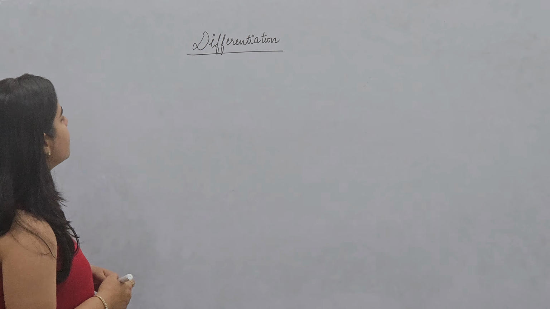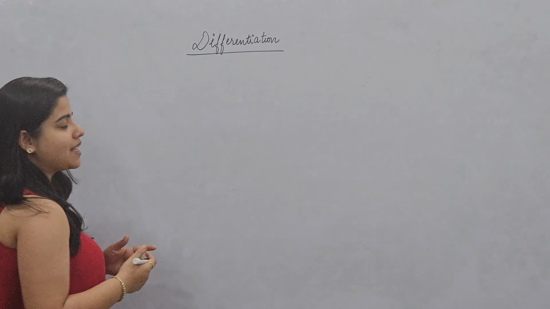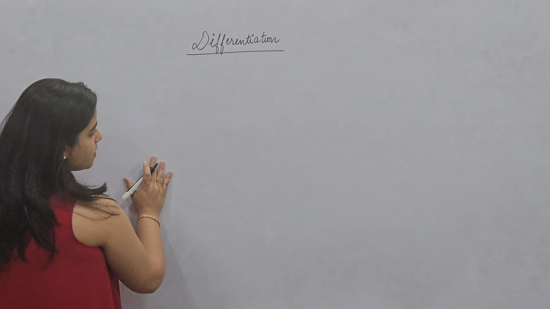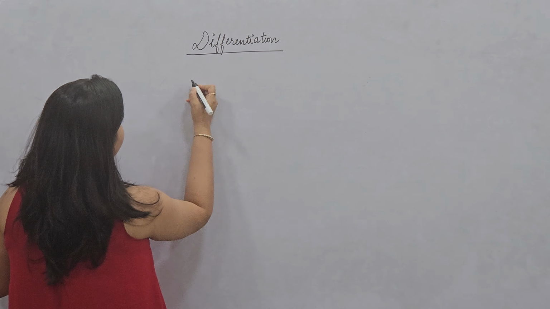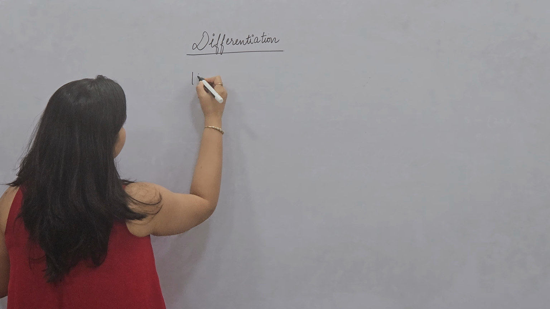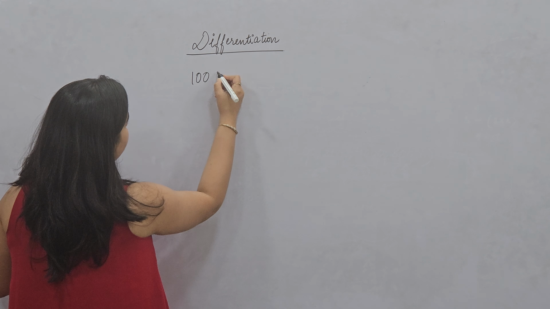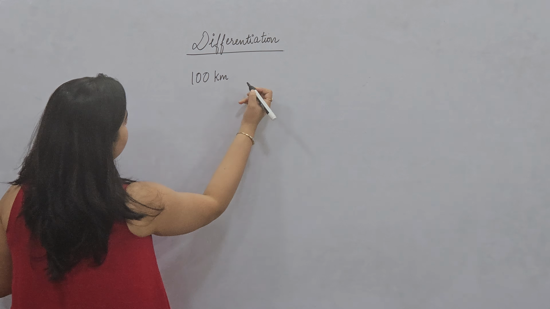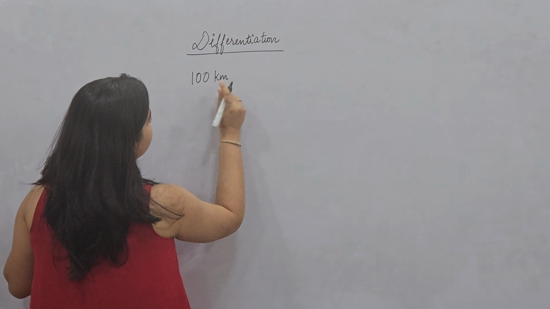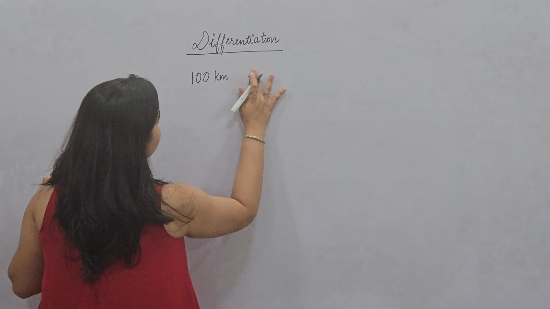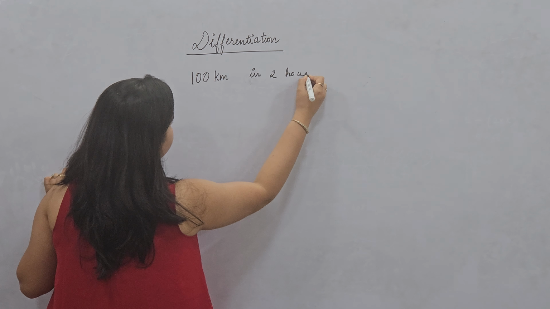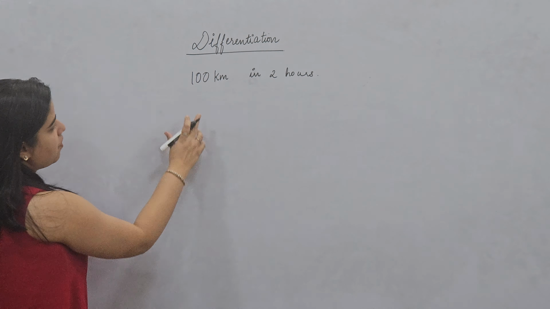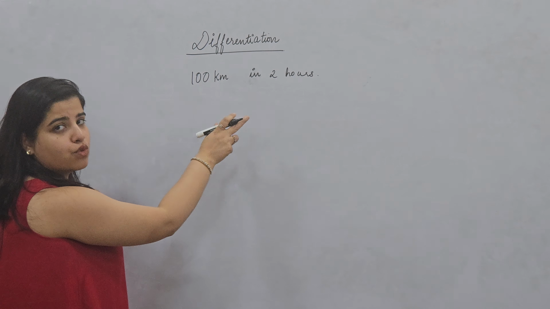Okay. So let's understand with the help of an example. Suppose there's a person and the person is traveling. Suppose the person traveled 100 kilometers in 2 hours.